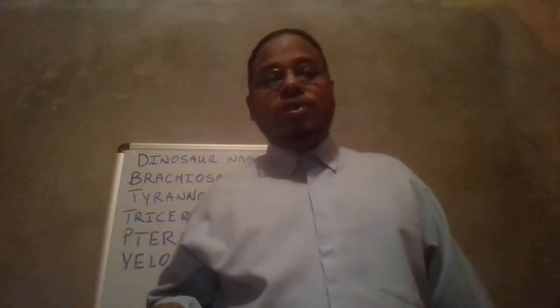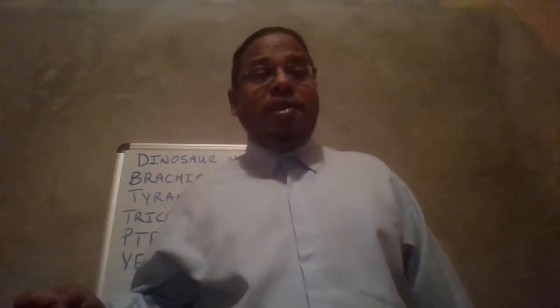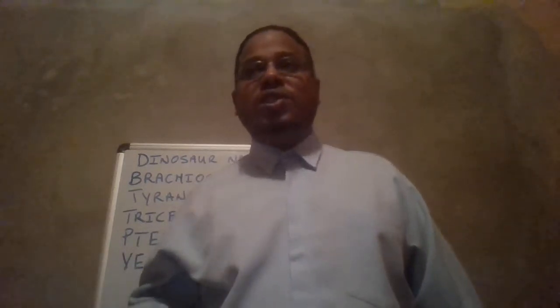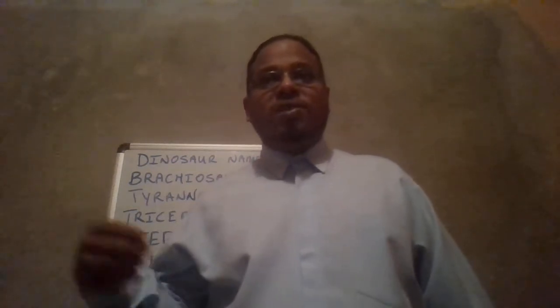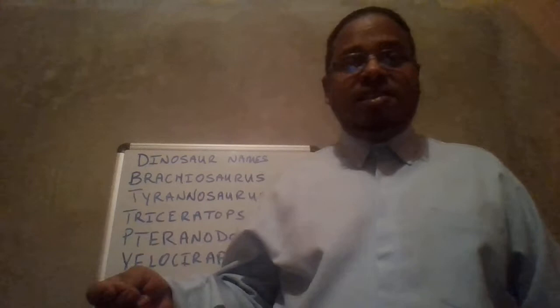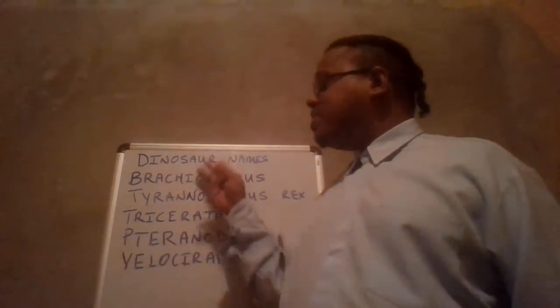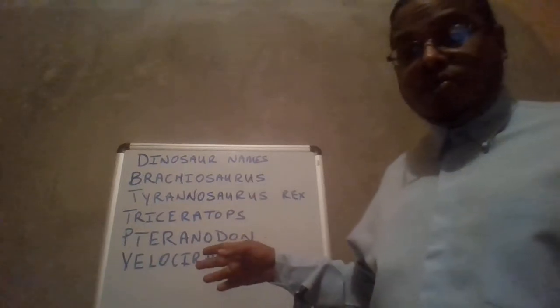And what you're going to do is figure out what you like about these dinosaurs. The same way Mark said that his parrot keeps him company and he likes that, you're going to basically look for an image of these dinosaurs.